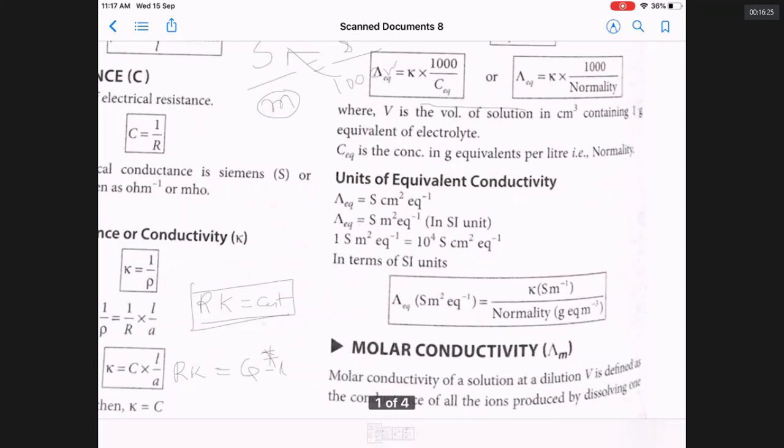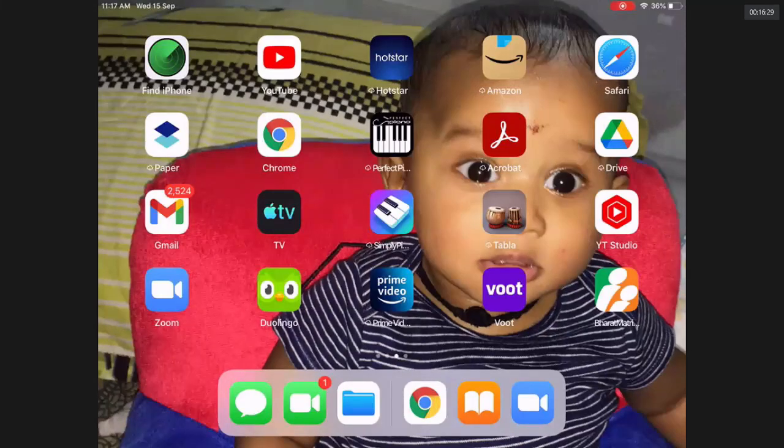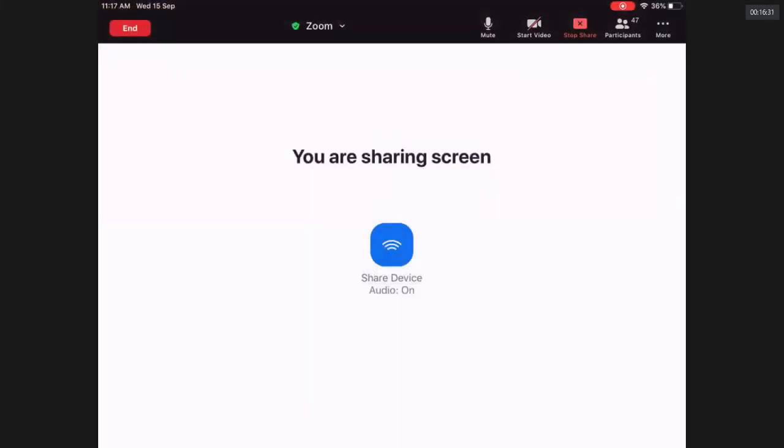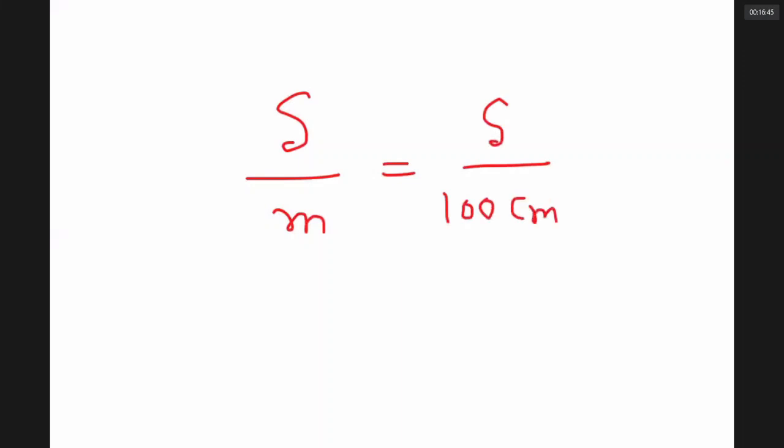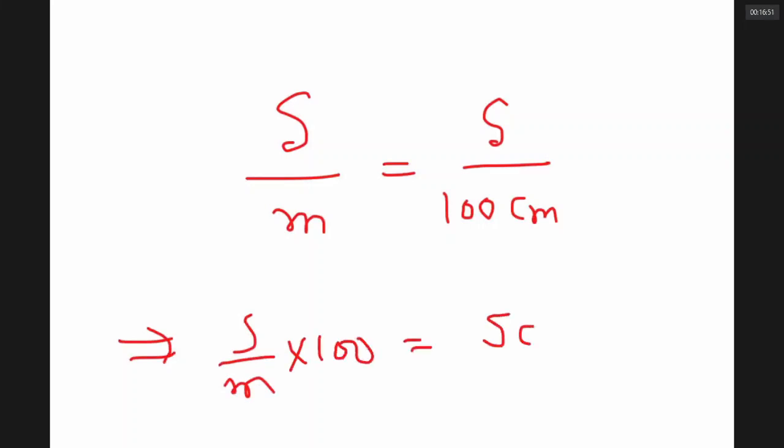Sir, I think there is a little bit of confusion and I want you to get clarity on that. Just write down once. Siemens per meter is equal to Siemens per 100 centimeters. It implies Siemens per meter into 100 is equal to Siemens per centimeter.